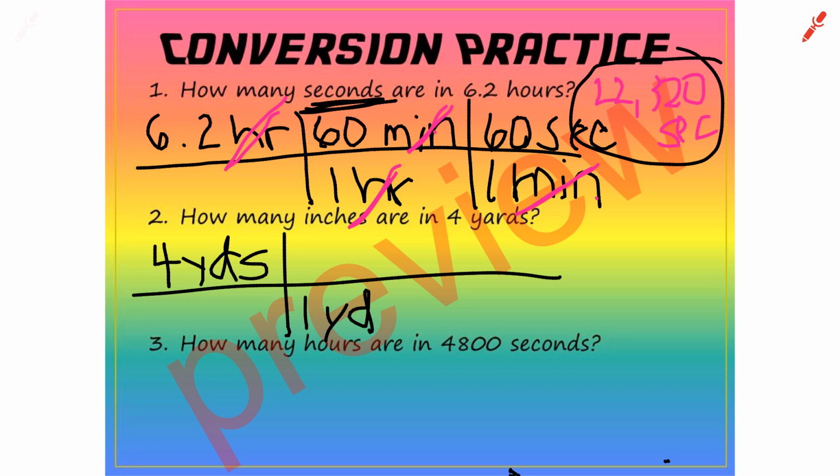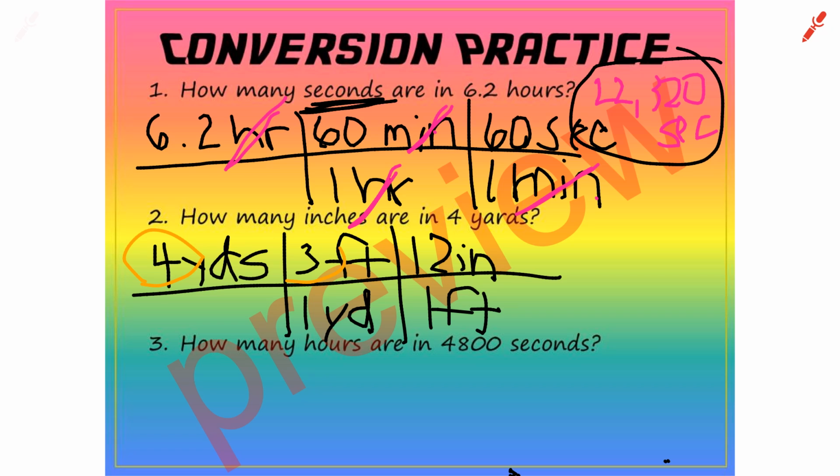In 1 yard, you have 3 feet. And then in 1 foot, you have 12 inches. Okay? So 4 times 3 is 12. 12 times 12 is 144 inches. And of course it's divided by 1, which is the same.